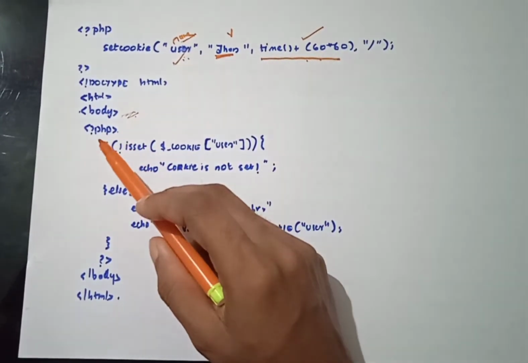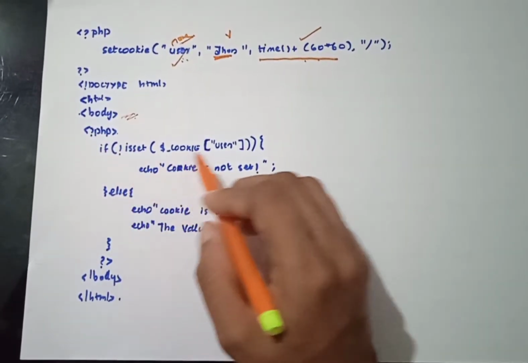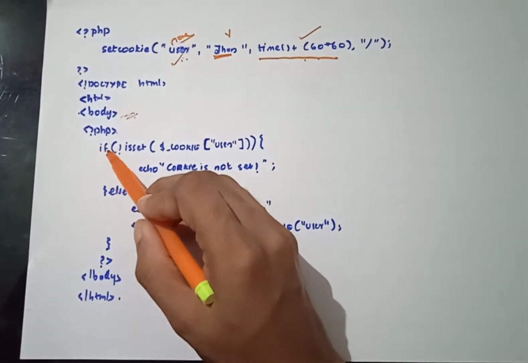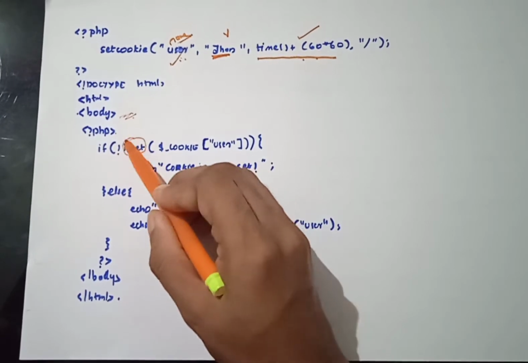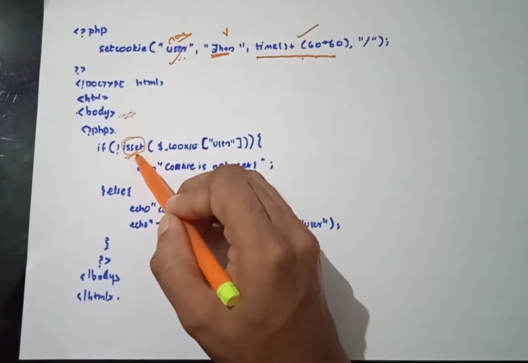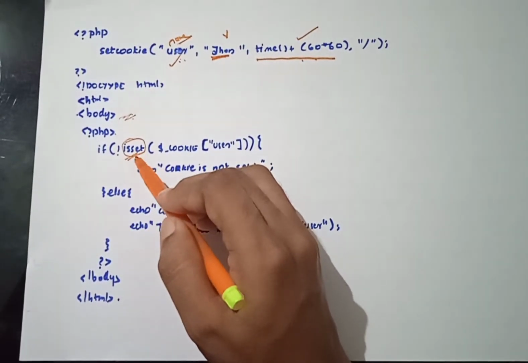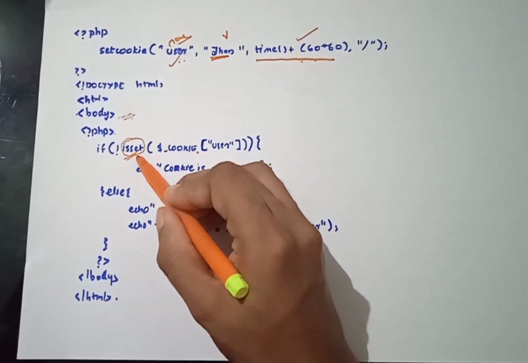So for that we are going to take our PHP, and inside we are taking some conditions. Let's see, here is our first if condition. It's showing isset. This is a built-in function in PHP that is mainly used for finding whether the cookie value is set or not.